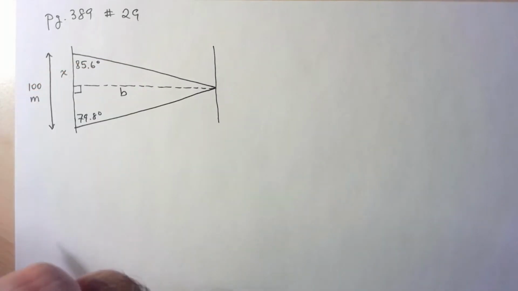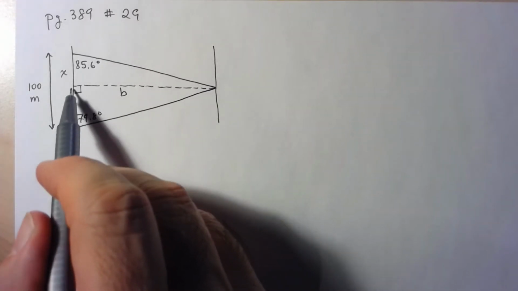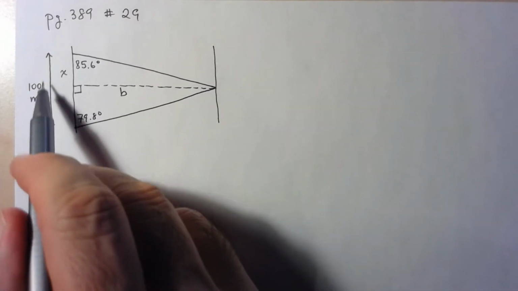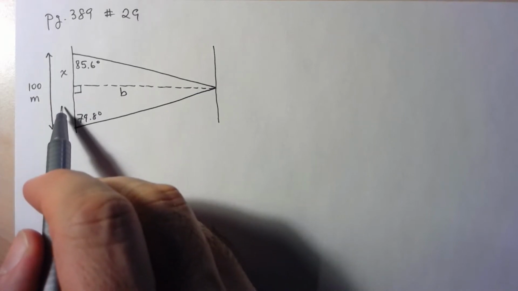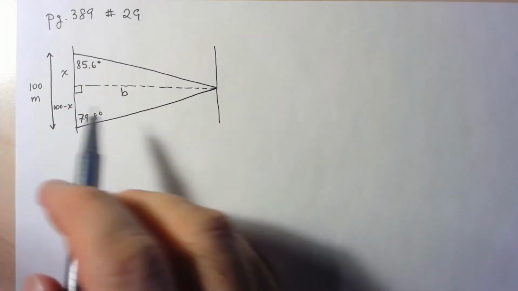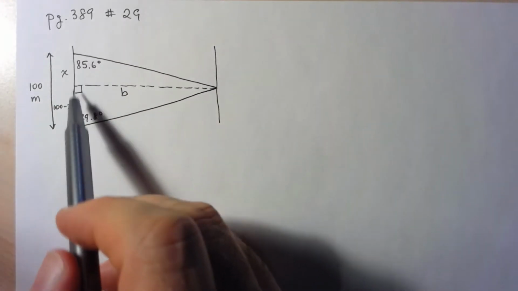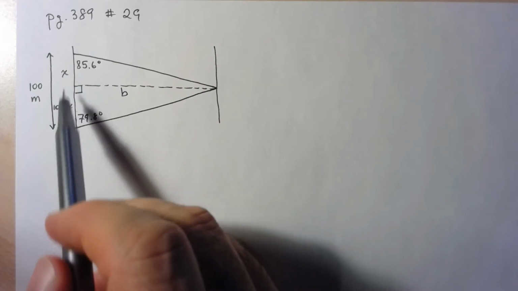Say we call it x, and I'm likely going to want to work with this side length in the lower triangle since it makes up part of that 100 meters, but instead of calling this something like y, I can write this as 100 minus x. So I'm able to describe these two sides in the different right angle triangles using the same variable.